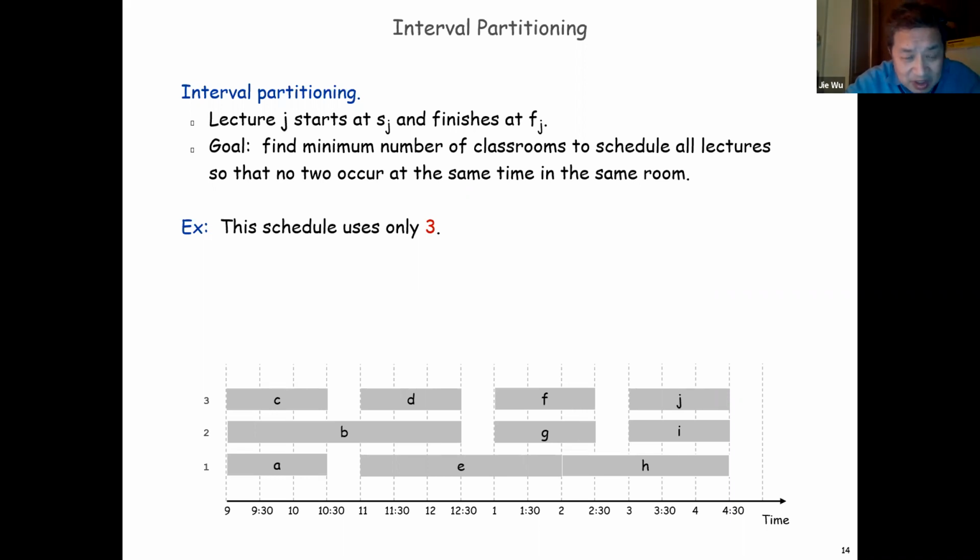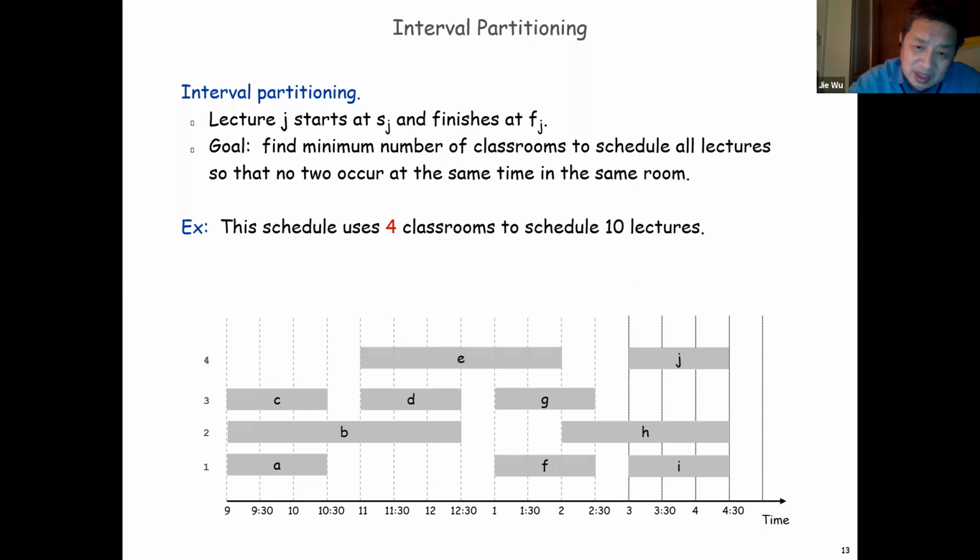If you rearrange, you assign person 1 for jobs A, E, H, person 2, B, G, I, person 3, C, D, F, G, J. It's fine. They save lots of money. You save 25%, right? So the boss will be very happy. Say, okay, you're a very good scheduler.